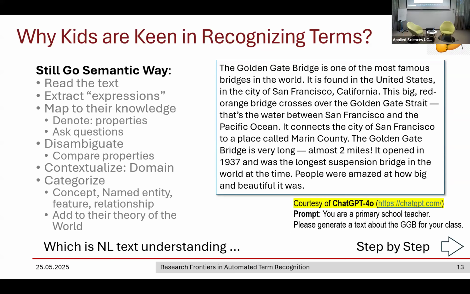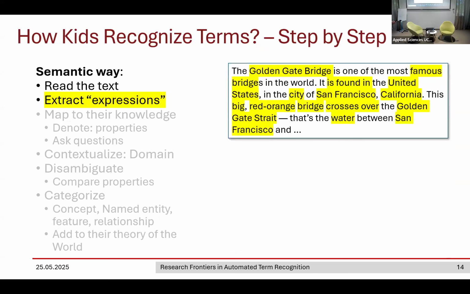So let us start with the most simple thing, which they have been taught by their teacher. They read the text, and then they intuitively extract expressions such as Golden Gate Bridge, famous bridges, is found in United States, city of San Francisco, California, Golden Gate Strait, Porter, San Diego, and so on.